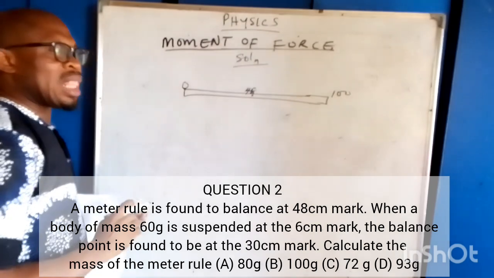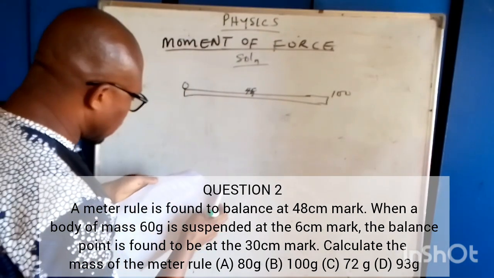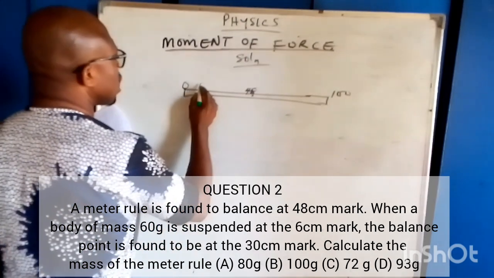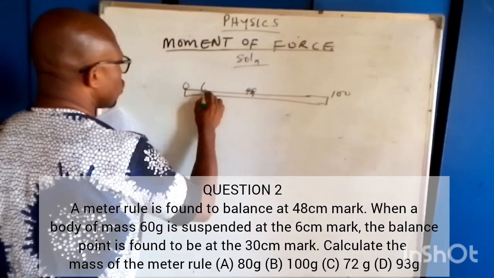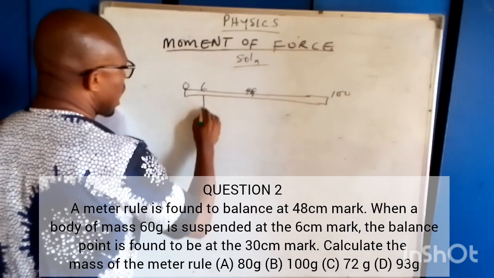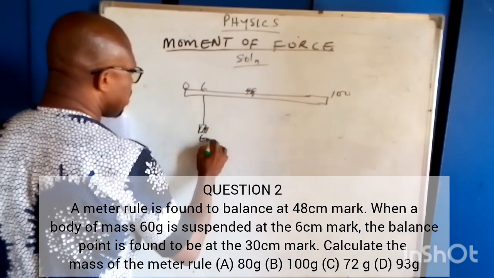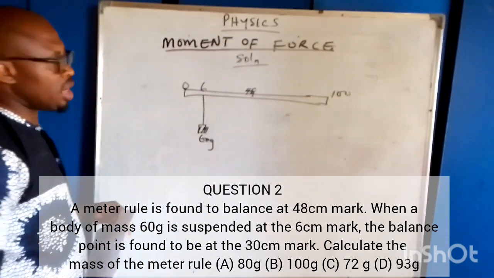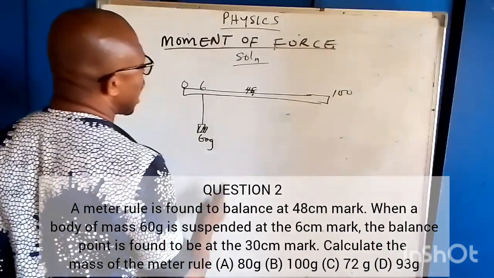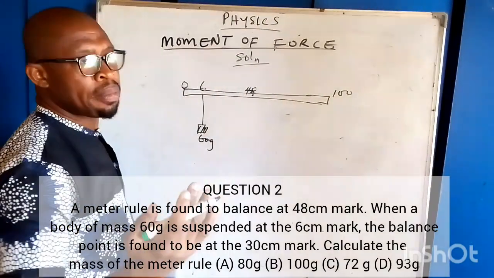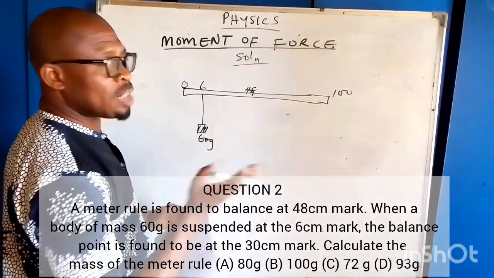Okay, and they said a mass of 60 grams is suspended at 6 cm mark. So here is 6 cm mark, and then this is the 60 gram mass suspended there. Now, they said the moment you suspend this, the balance point will move.